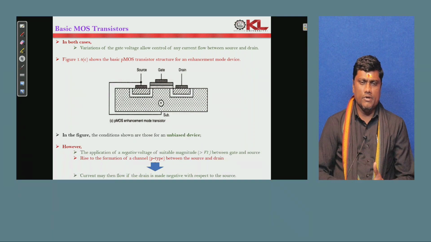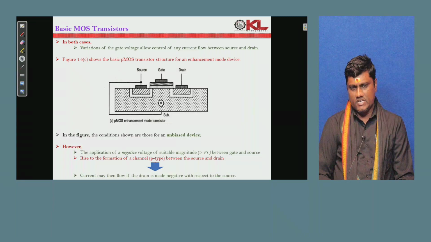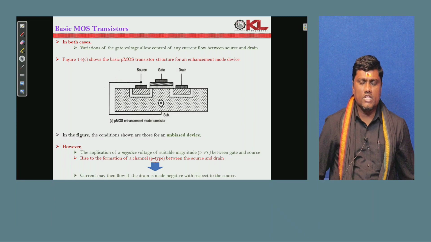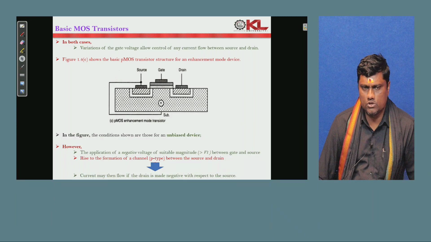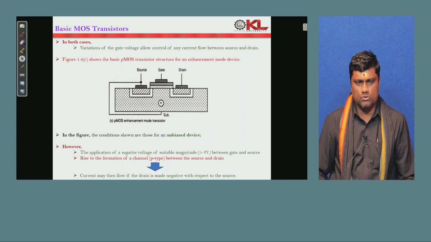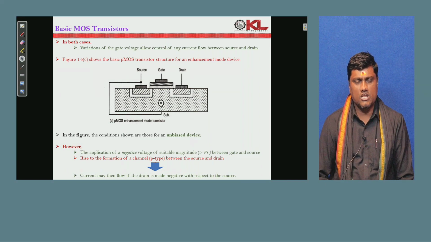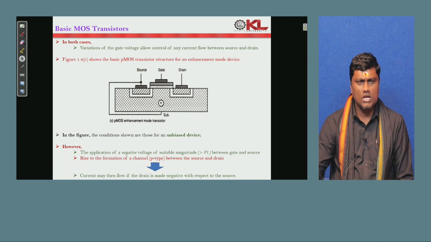Everything else is reversed as far as the device is concerned. However, on applying a negative voltage of suitable magnitude between gate and source, a channel forms between source and drain, and current may then flow if the drain voltage is negative with respect to the source.